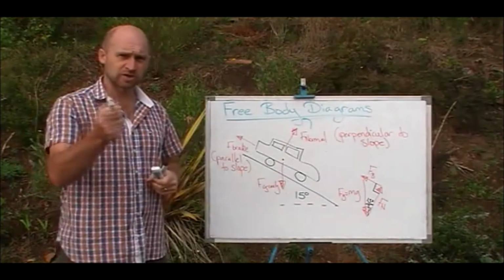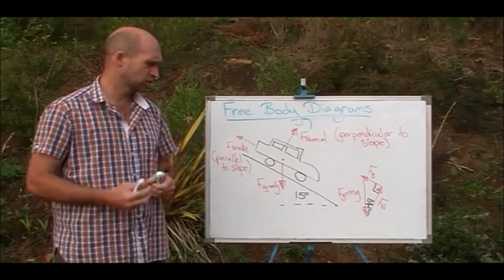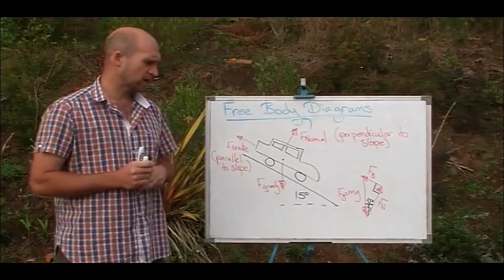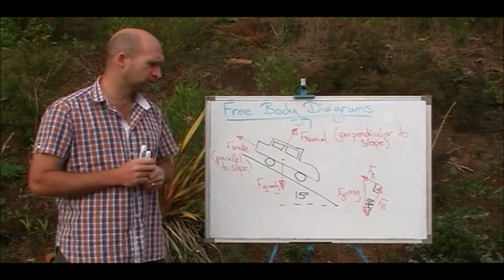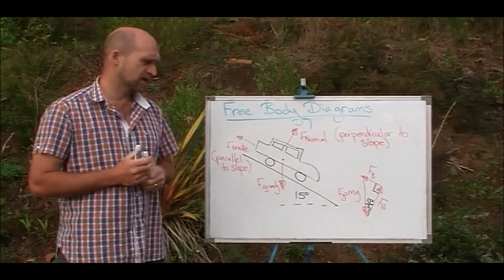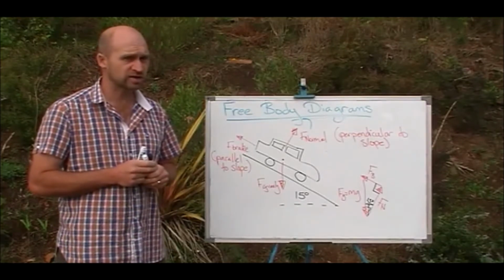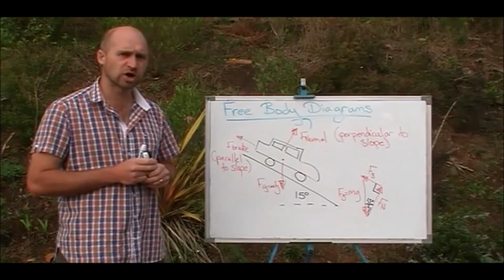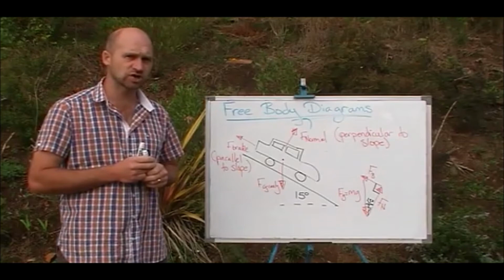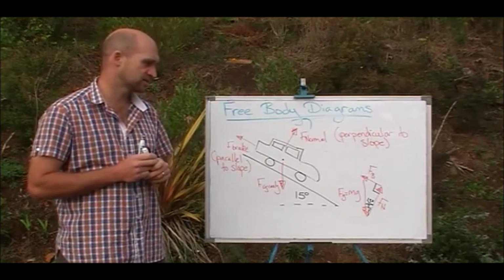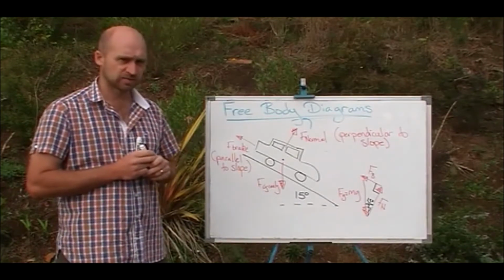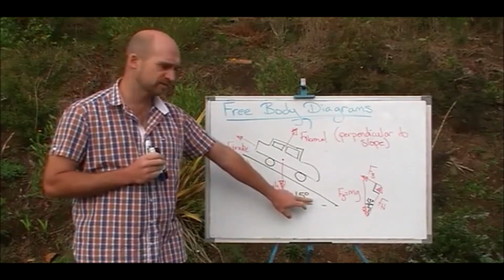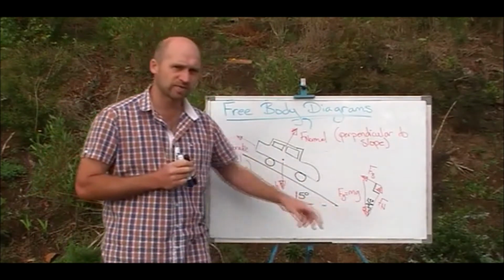And so those of you who are familiar with trigonometry, you can hopefully spot that we can work out the size of the normal force by using mg cos theta, and we can work out the size of the brake force, the opposite side, by doing mg sin theta. And you can probably persuade yourselves that that 15 degrees there is the same as that one there.